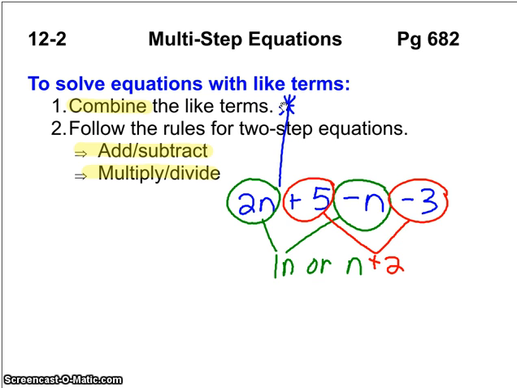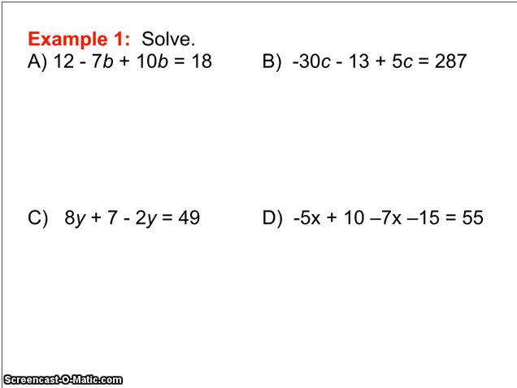So this big algebraic expression combines together to get n plus 2. Now the only difference, again, this is a quick review. Today what you're going to see is an equation in which you would just go ahead and solve. Okay, so let's take a look at some problems.